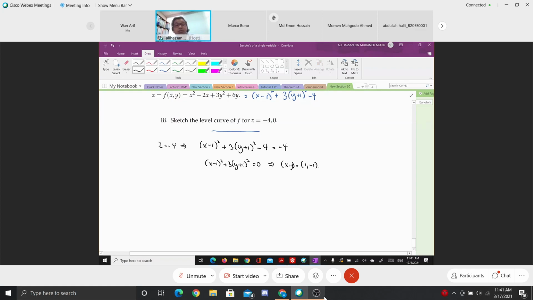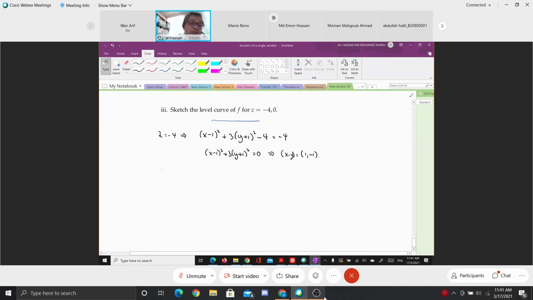Just a single point. Okay, what about the other case? The other level curve is at z equal to 0. It means that the surface intersects the horizontal plane z equal to minus 4 at just 1 point only.